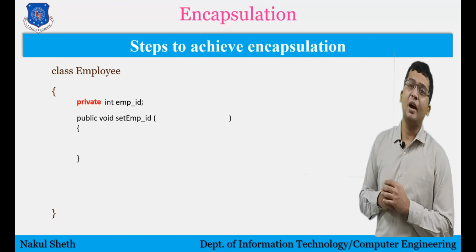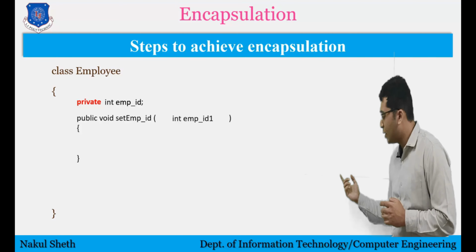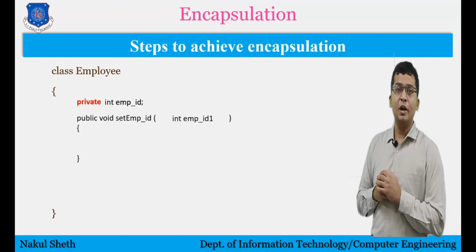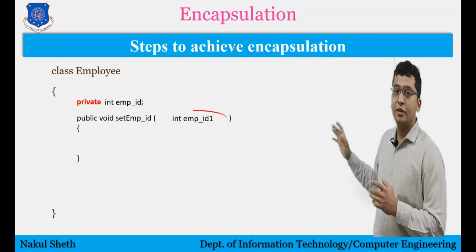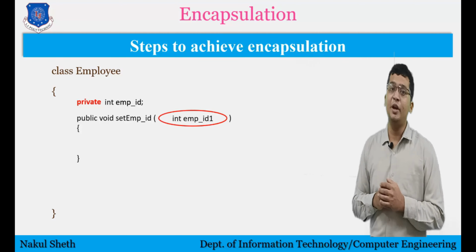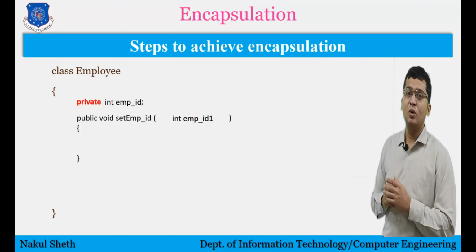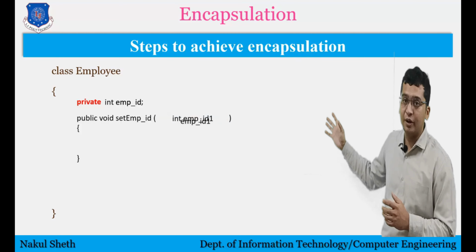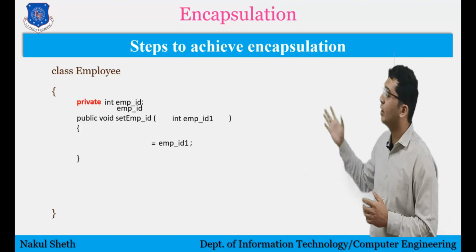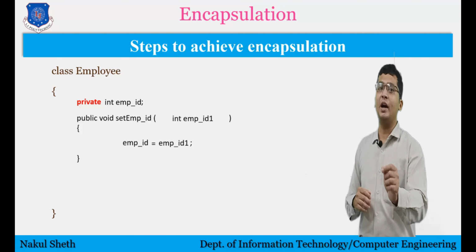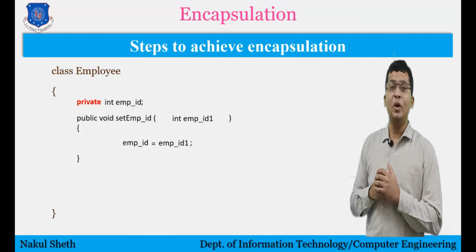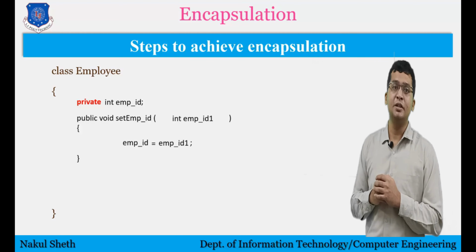As a parameter I am going to pass an integer employeeID. Whatever value comes here will be initialized to this private variable. So this is how we can create a setter method in Java.